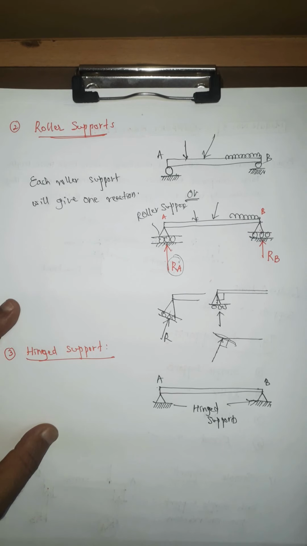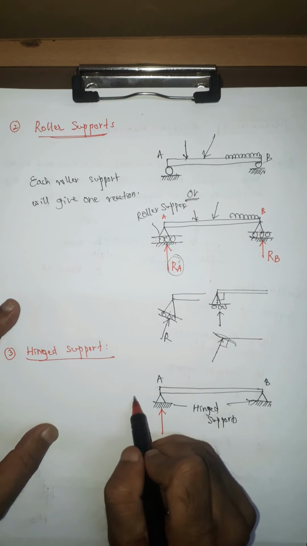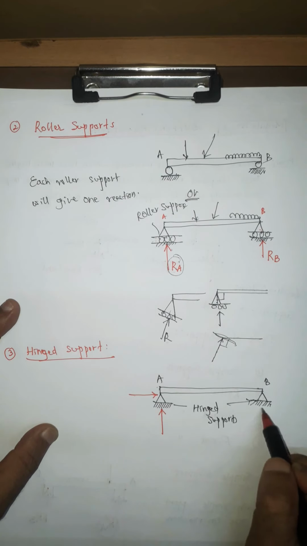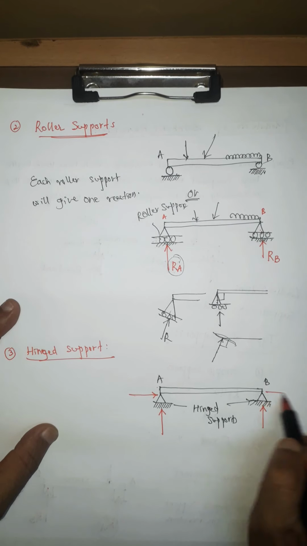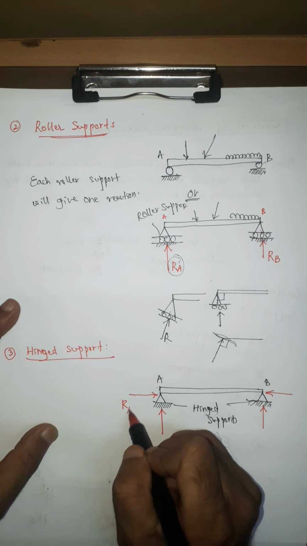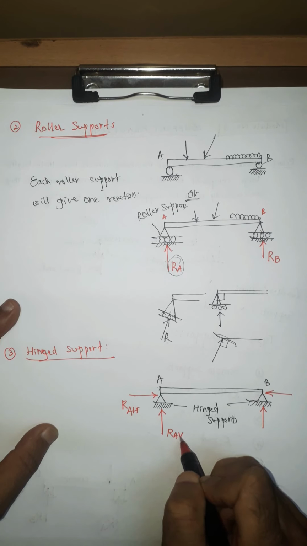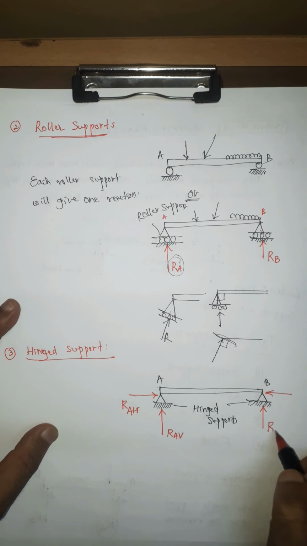Remember, each hinged support will give two reactions. That is important. Suppose this is RAH and this is RAV, and this is RBV and this is RBH. So what is RAH? Capital R indicates reaction.